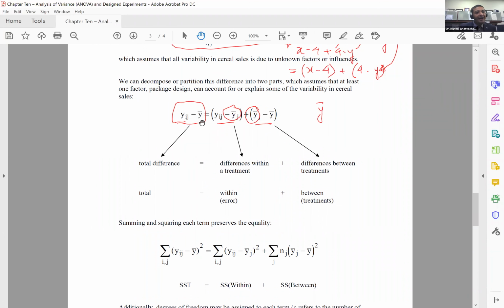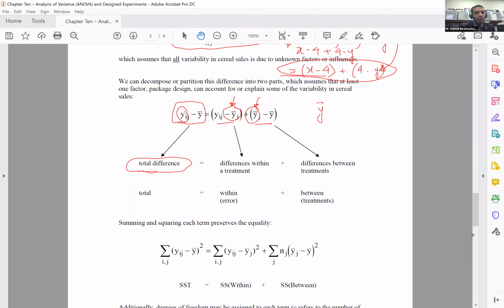The y sub ij minus y bar is your total difference. Okay, so for each data point, deviation from the total mean, that's your total difference. And if you break it up by using a very simple mathematical expression of plus minus the same value, in this case the treatment mean, you actually can create two separate buckets.